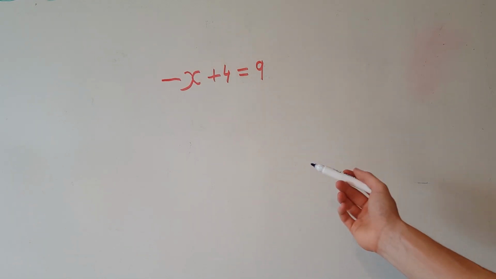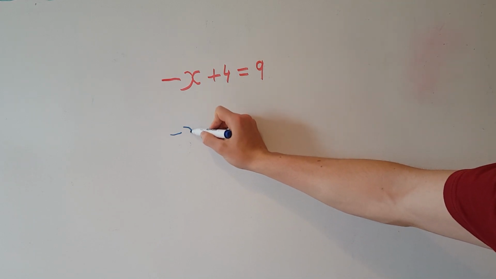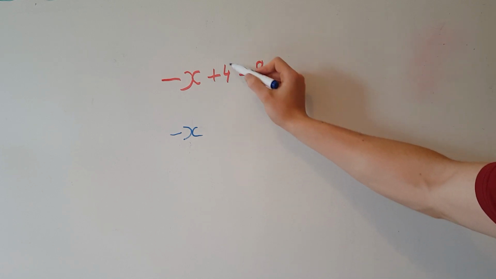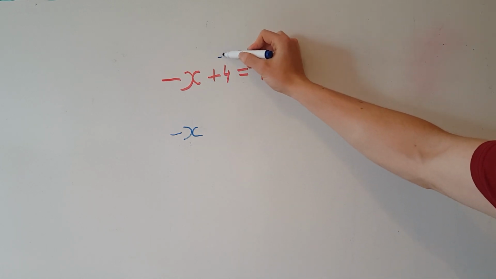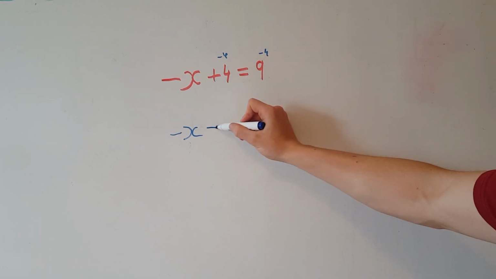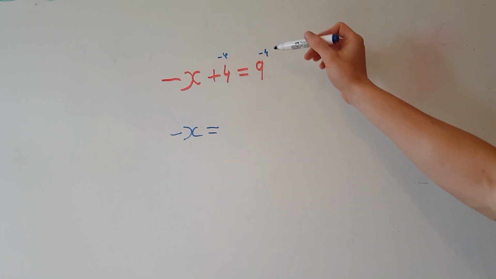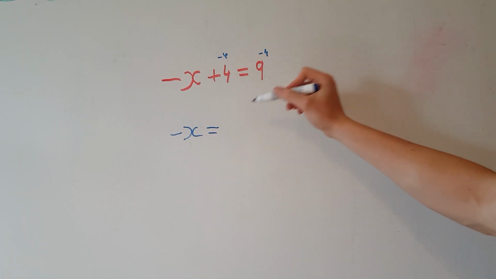So what we do, if we're looking to isolate x, we're going to leave x there for now. We have minus x. And then to get rid of this plus 4, we're going to minus 4 and minus 4. So we have minus x on the left hand side equals 9 minus 4 is 5.